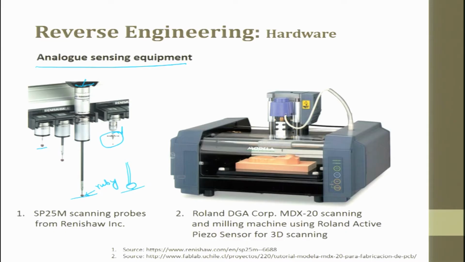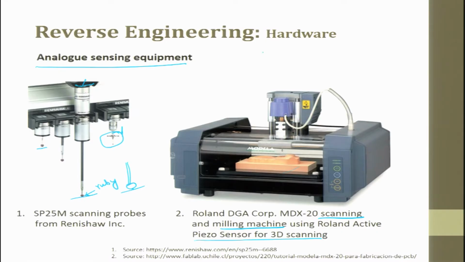You can also see that here is a Roland DGA Corporation MDX 20 scanning and milling machine. So, you can use this machine for scanning as well as for milling. It is an integrated machine. Okay. So, it has a piezo sensor for 3D scanning.